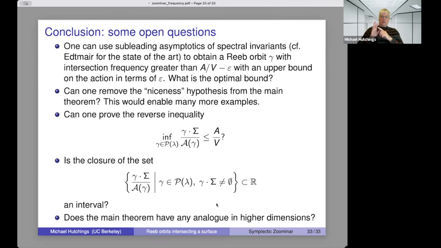But my niceness says not only is the linearization of the return map at the orbit a rotation, but actually the entire return map on some disk transverse to the Reeb orbit is a rotation. That's very non-generic. In general, you expect some complicated KAM picture with all these weird dynamics.